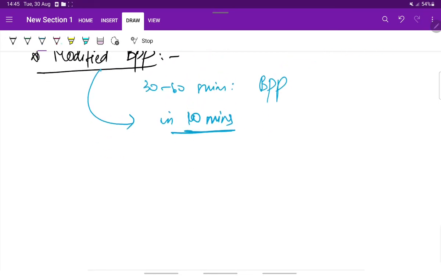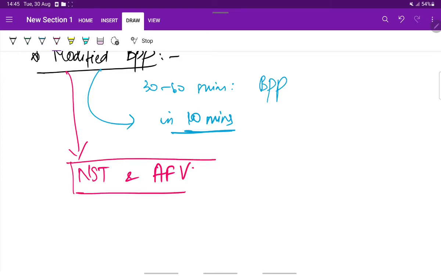And this modified biophysical profile includes only 2 components, which are non-stress test and amniotic fluid volume, and this is considered to be more reliable and used as the first line in antepartum screening test.